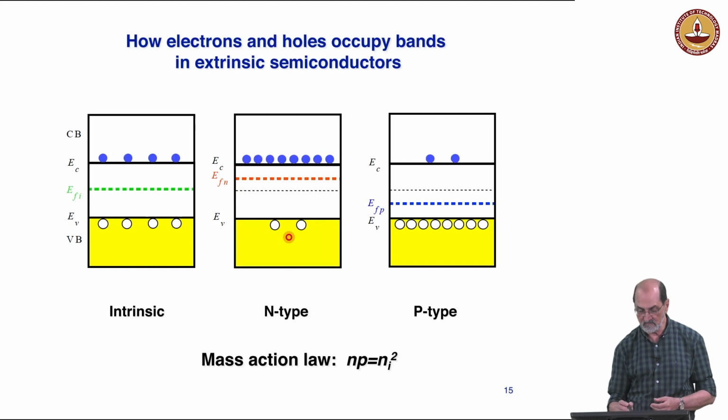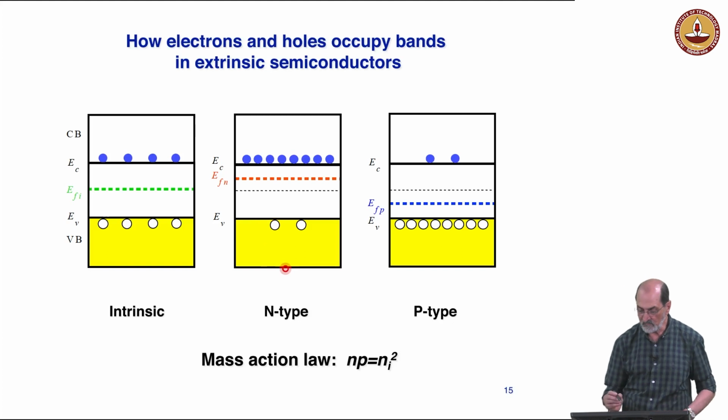Because the distance between the Fermi level and the EV is larger, the number of holes reduces. As the number of electrons increases in the conduction band, the number of holes in the valence band reduces.